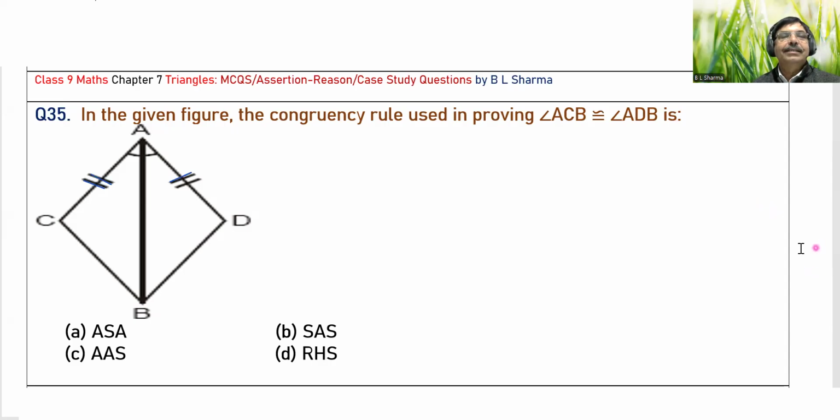Here, AC is equal to AD. This angle is equal to this angle, and AB is common. So by side, angle, side, SAS is the correct option.